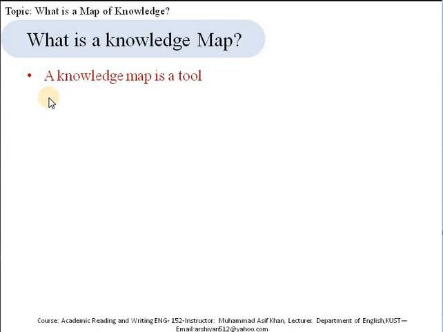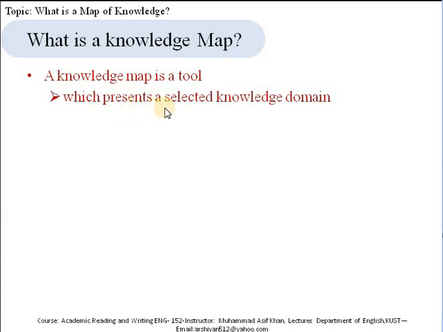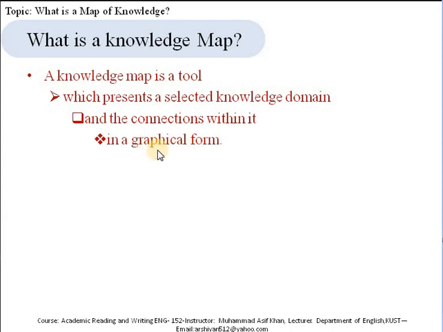A knowledge map is basically a tool which presents a selected knowledge domain and the connections within that knowledge domain, but this presentation is in graphic form. What is a knowledge map?